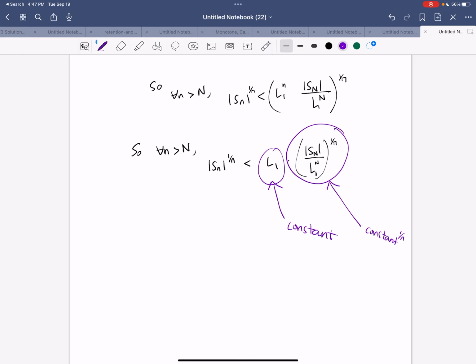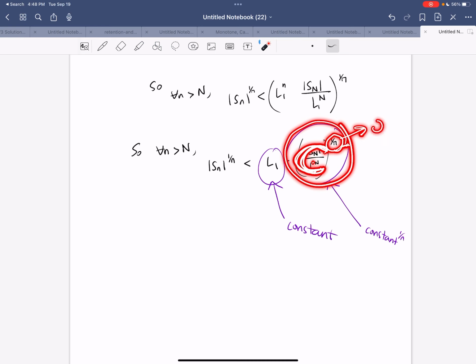So as little n goes to infinity, this is going to go to 1, right? Because you'll have a constant. It's like you have a constant to 1 over n. That's going to go to 0. So the whole thing is going to go to 1.